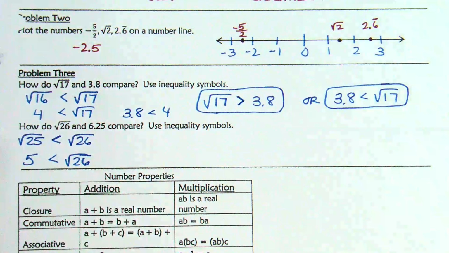Well, what else do we know? 6.25 is bigger than 5. And the square root of 26 is bigger than 5. Does that get us anywhere? Not really, because in this case, both our numbers we're talking about, square root of 26 and 6.25, they're both bigger than 5.